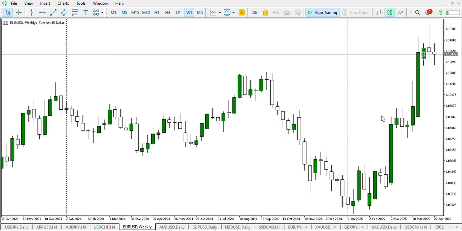You can see on Euro USD, what do we see? We see patterns that confirm an uptrend. You see patterns confirming an uptrend. So we just go to the daily.